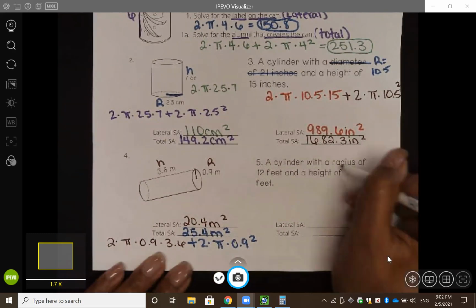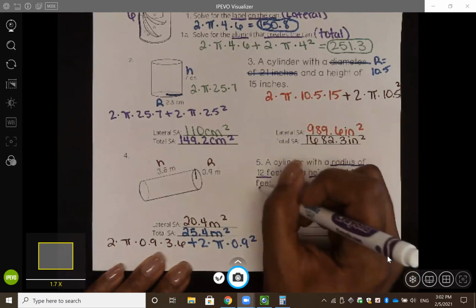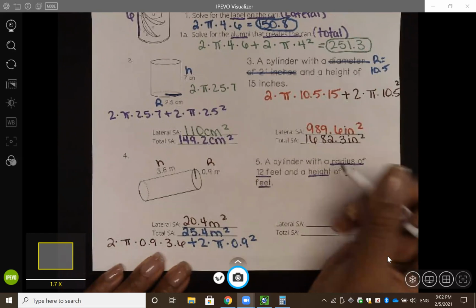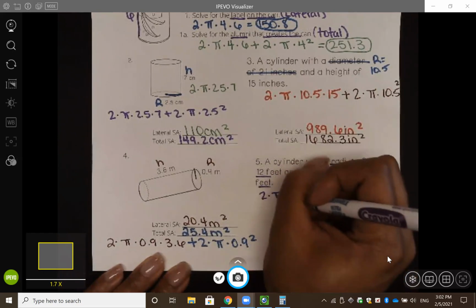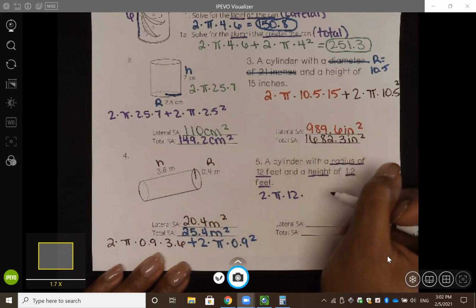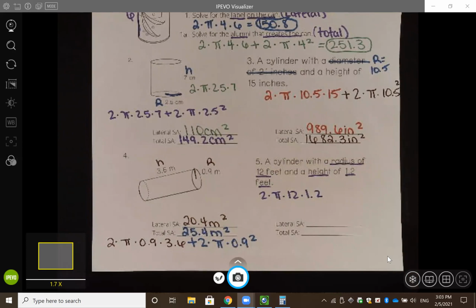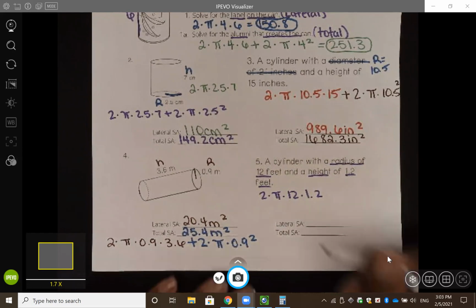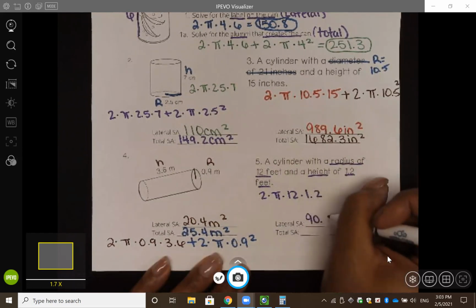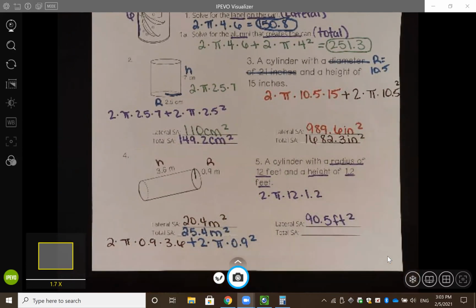Lastly, we have a radius of 12 and a height of 1.2. So 2 times pi times radius times height, 2 times pi times 12 times 1.2 is 90.5 feet squared.